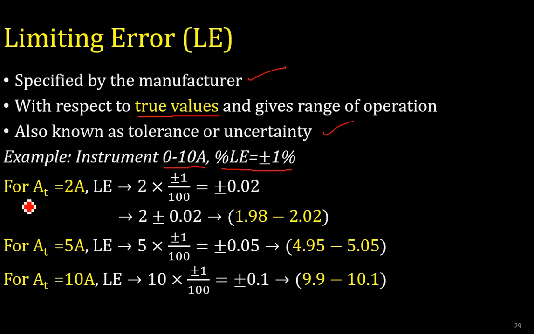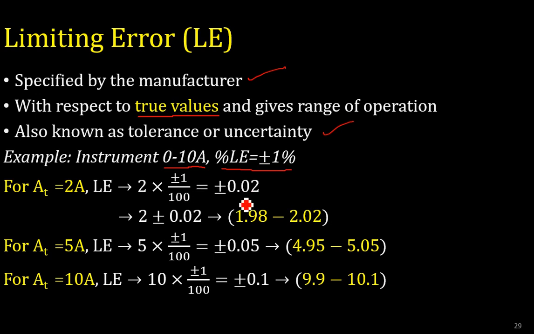Now for a true value of 2 amperes, that is you are measuring 2 amperes with this instrument, the limiting error will be 1% of 2, that will be 0.02. That is, when you measure 2 amperes you have 1% error, that is this limiting error.